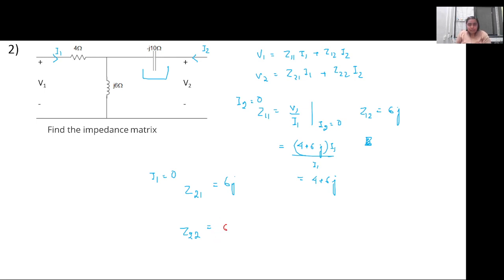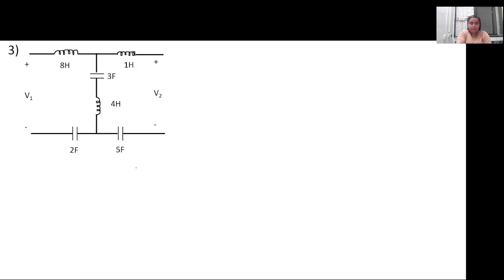So Z22 will be equal to 6J minus 10J equal to minus 4J. So this is just letting you know, irrespective of what element is connected across here, all the conditions will remain as they are, and you can figure out the impedance parameters.